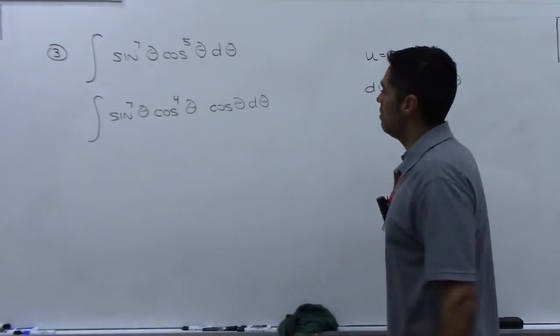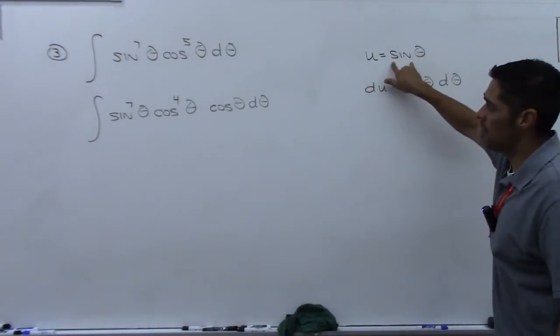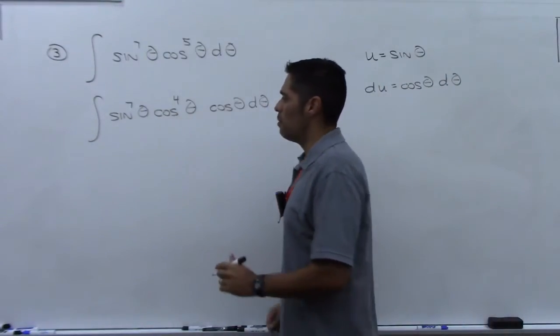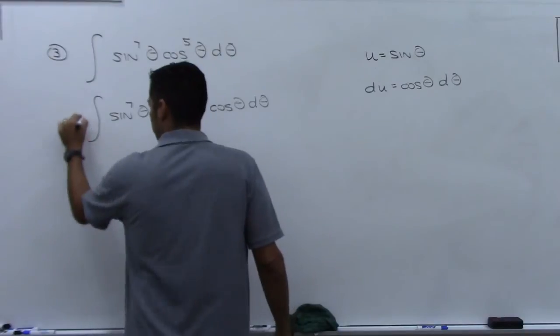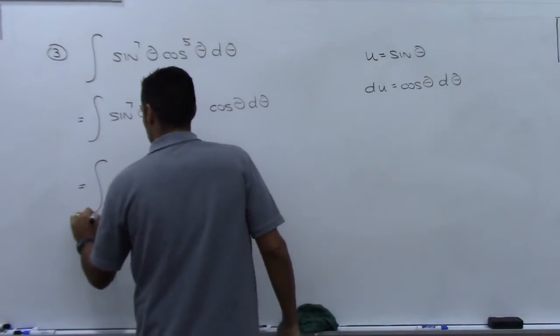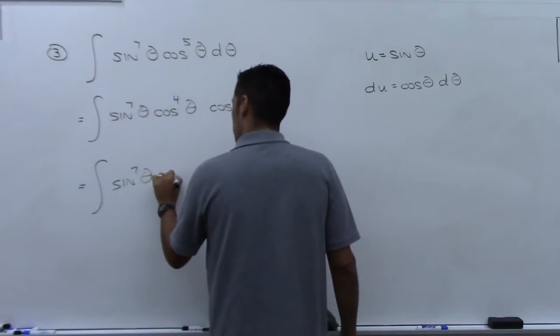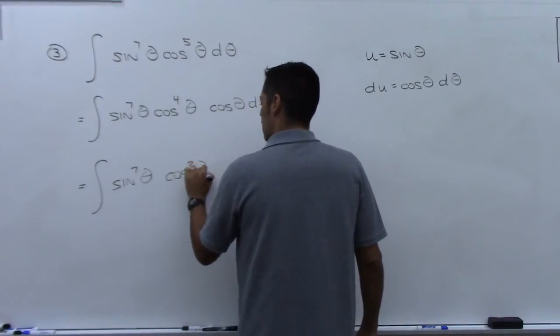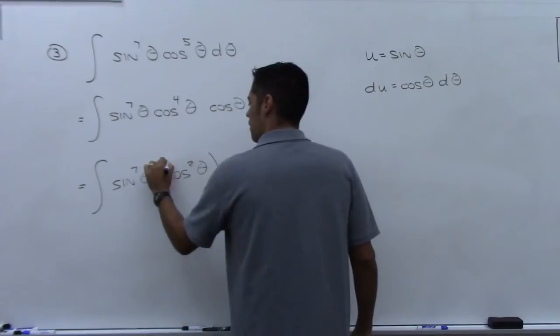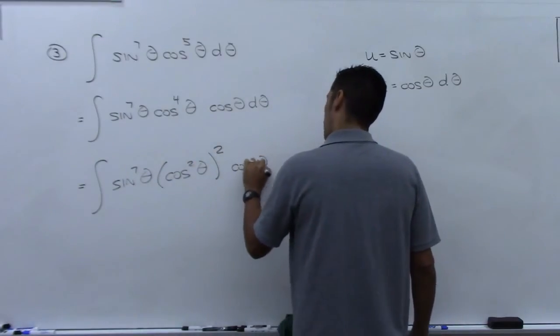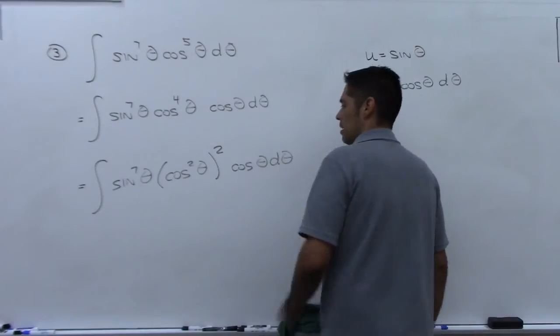Now it's just a matter of turning everything in terms of sine. Sine to the seventh is no problem. Cosine to the fourth, though, I can't use that, so I'm going to realize that cosine to the fourth is really cosine squared, squared, and then cosine theta d theta.